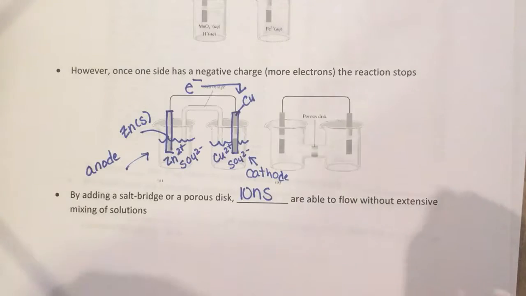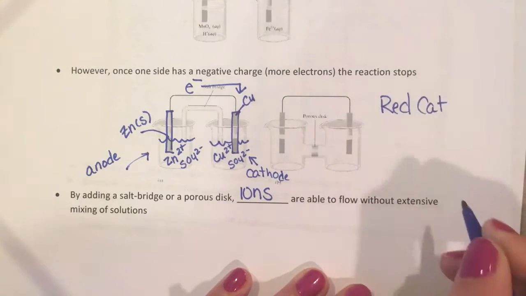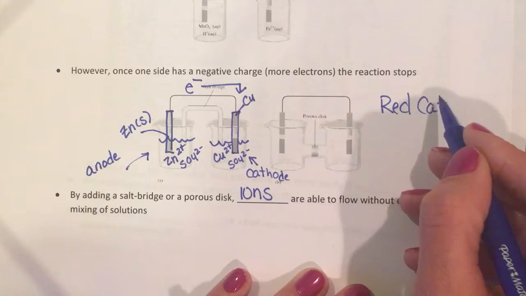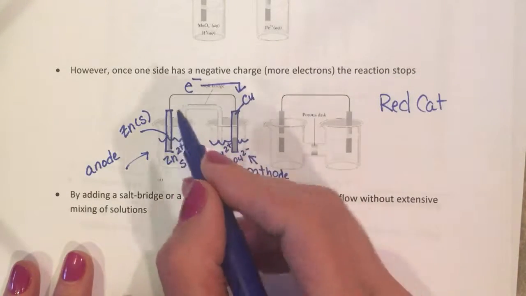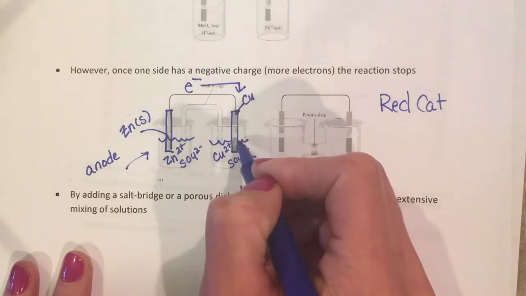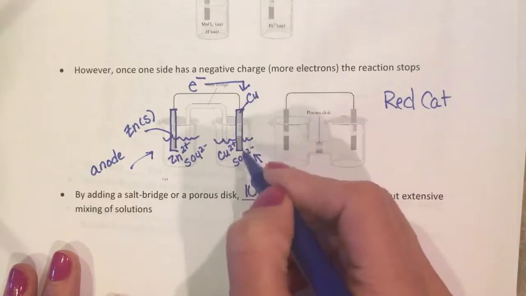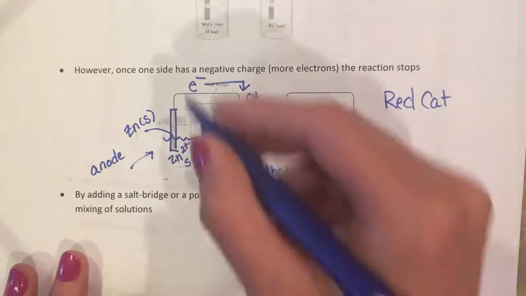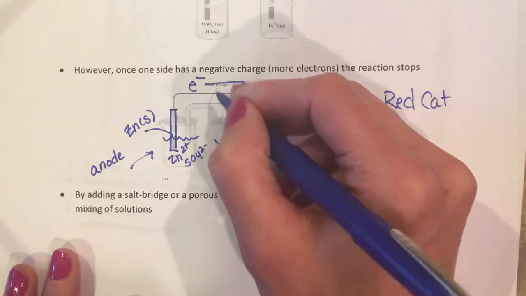Now a little way to remember it. Red cat. The side that's reduced is my cathode. So just pretend you have a red cat running around. Now again, my electrons are moving this way. If I don't have a salt bridge, my reaction's going to stop as soon as this side becomes more negative. So what the salt bridge is, it's a hollow tube. I fill it up with solution before I flip it.